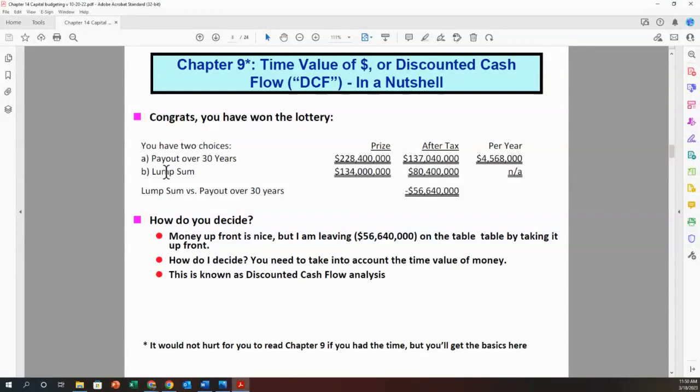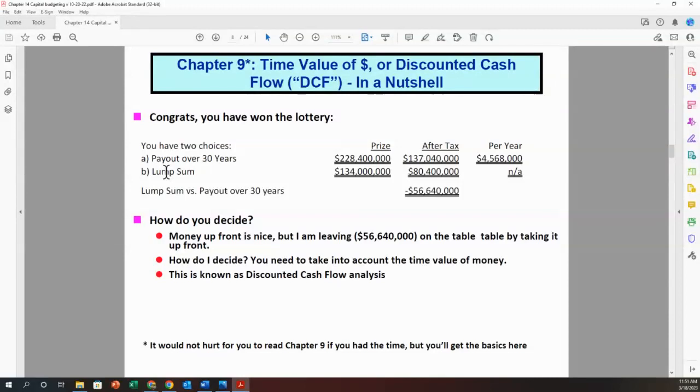But you have to understand that there is a time value to money. That basically means if I said to you, I'll give you $1 million today or $1 million in 10 years, you would take the $1 million today. And the reason is $1 million today is worth more to you than it is in 10 years, because you could put that $1 million in a safe bank, buy government treasury bills and get 5% interest on your money.